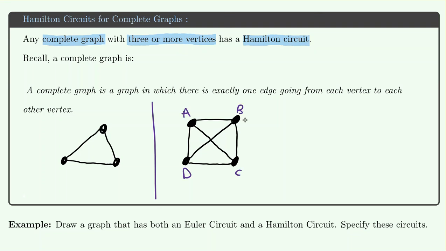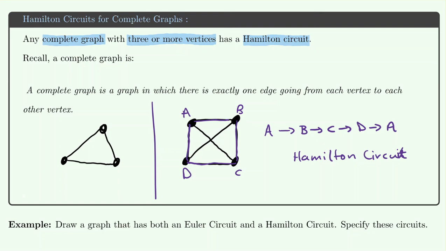If we wanted to list a Hamilton circuit for this graph, and we had our vertices labeled, we could say that if you go to A, then to B, then to C, then to D, and then to A, this is a Hamilton circuit because we have 4 vertices. Through this sequence of vertices, we visit every vertex exactly one time, and then we get back to our starting point.